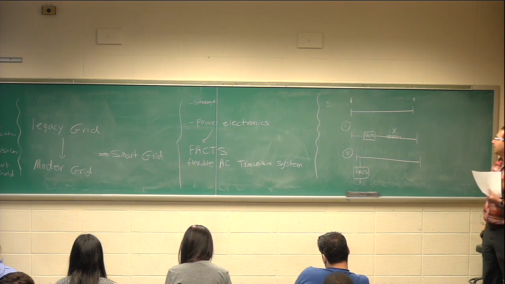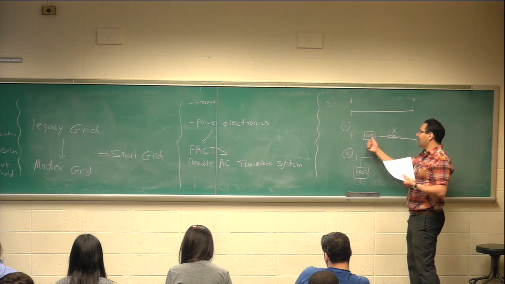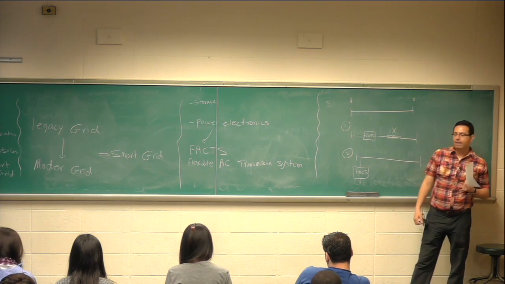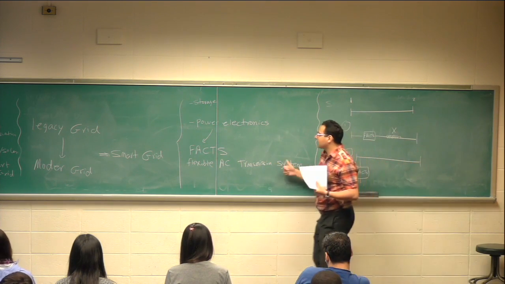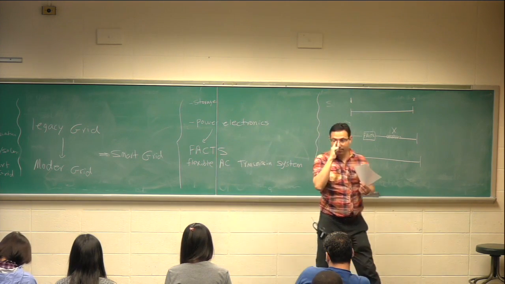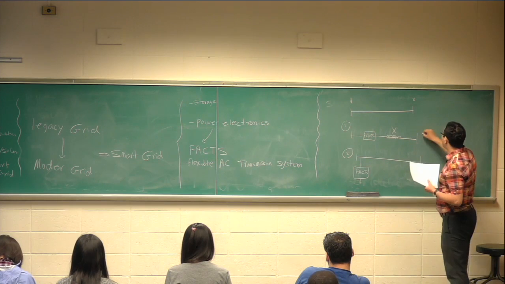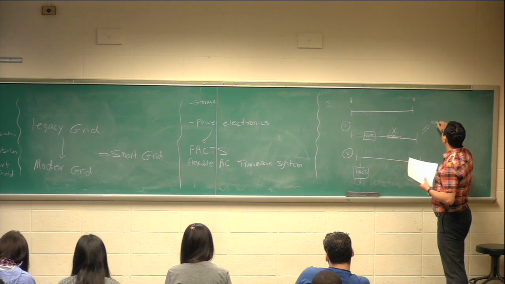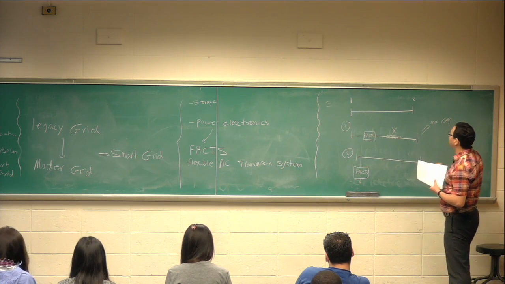What can we do here? So FACTS is supposed to do what? It's supposed to make your transmission system flexible in watts. Look at this. What was the maximum capacity of a transmission line, if you remember?